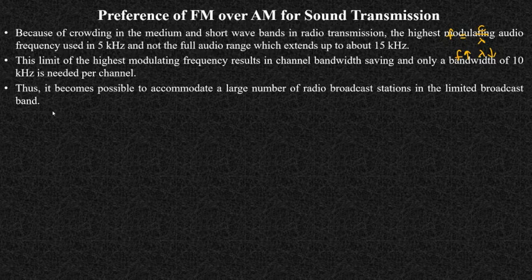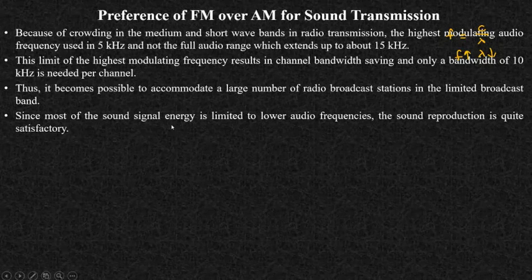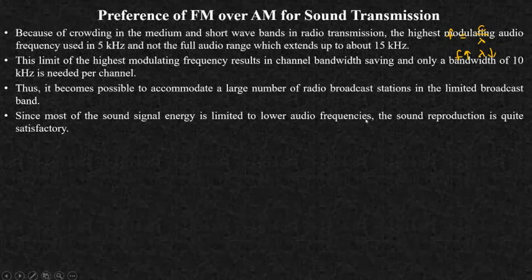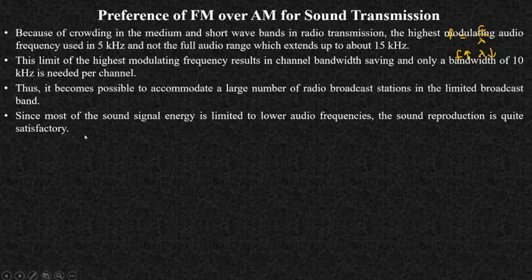My bandwidth will be FC minus FM plus FC plus FM. So my total bandwidth will be twice FM, that is 10 kilohertz, which is mentioned here. ठीक है, that's why I can send more number of signals. Since most of the sound signal energy is limited to lower audio frequencies, the sound reproduction is quite satisfactory.